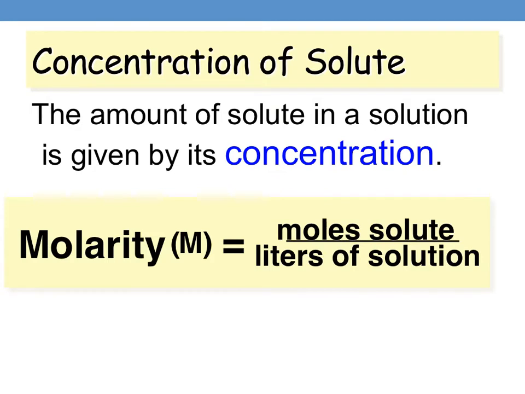And most of the time in chemistry, when we're looking at a solution, you want to know its concentration. And the unit for concentration we're going to be dealing with most of the time is molarity. Molarity has the unit of capital M, and it is moles per liter.